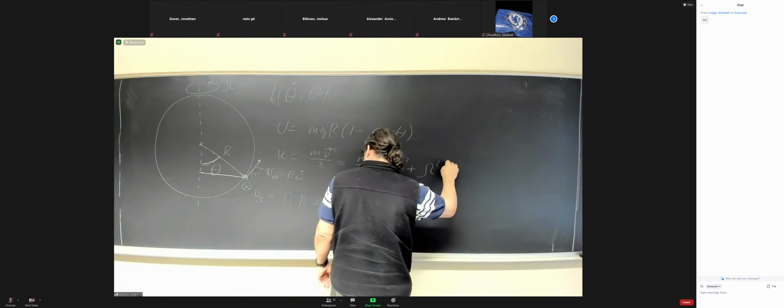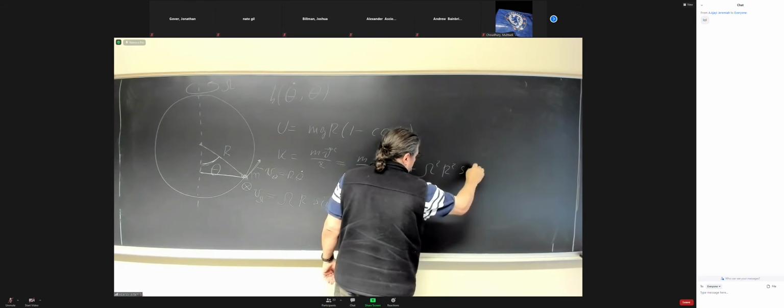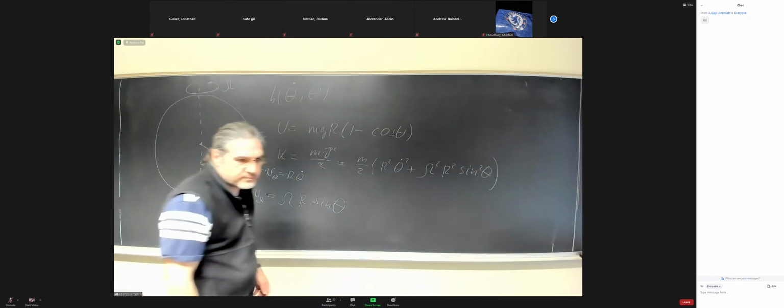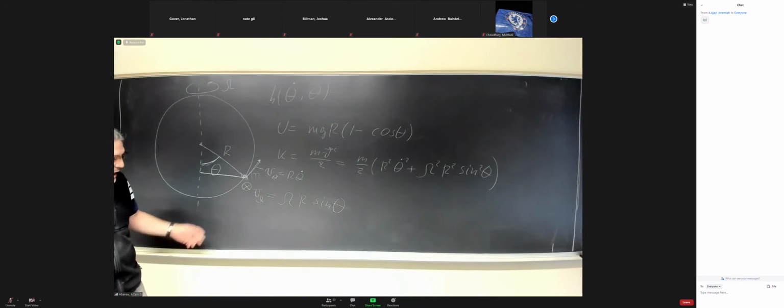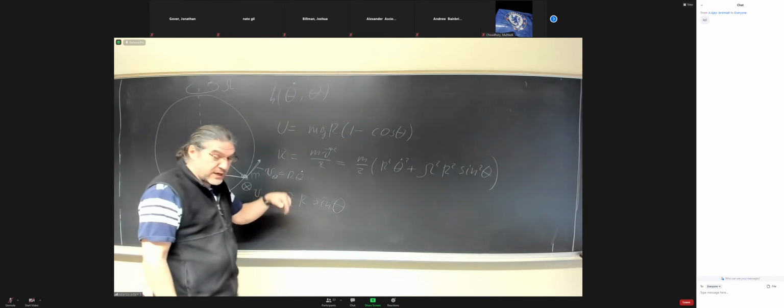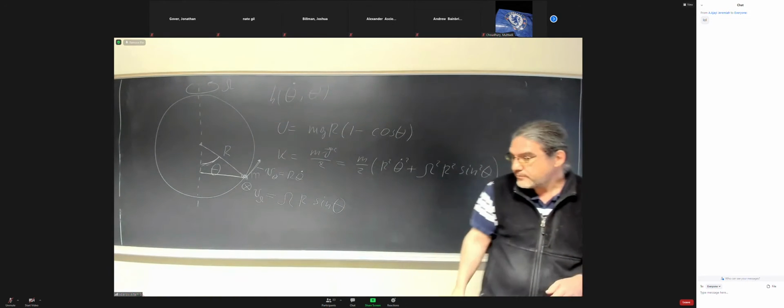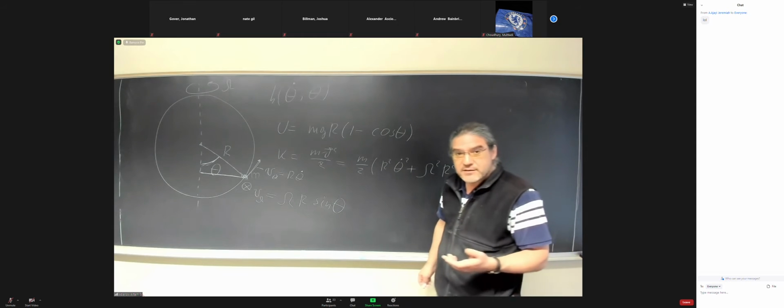So it is r squared theta dot squared plus omega squared r squared sine squared theta. And this is velocity because omega is 1 over time, so it has units of velocity. That make sense?